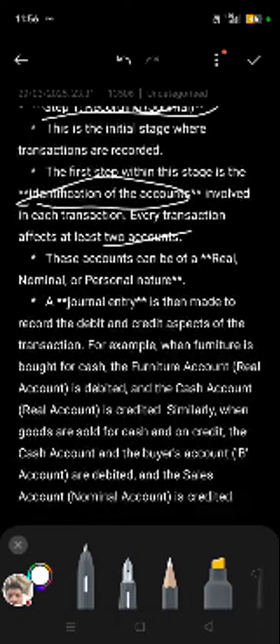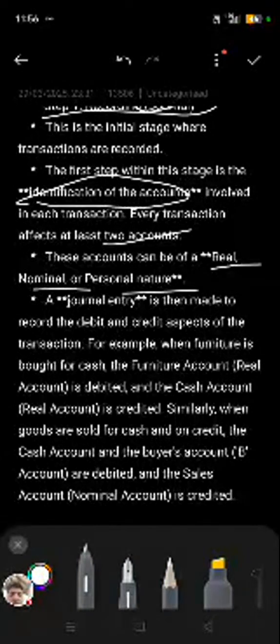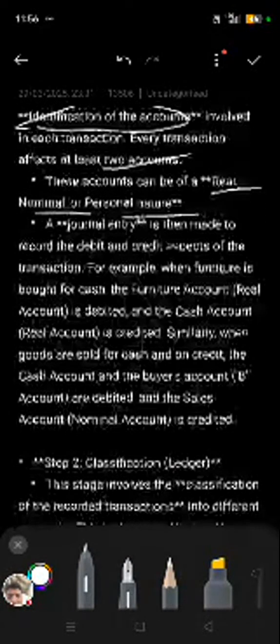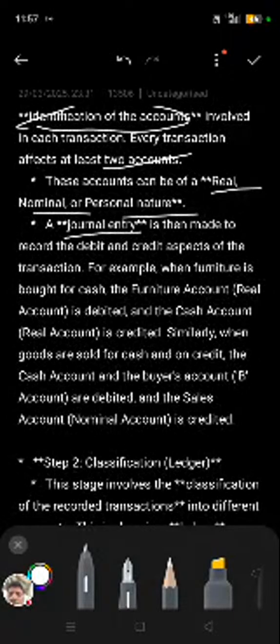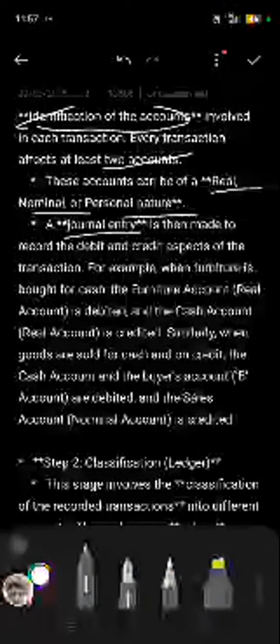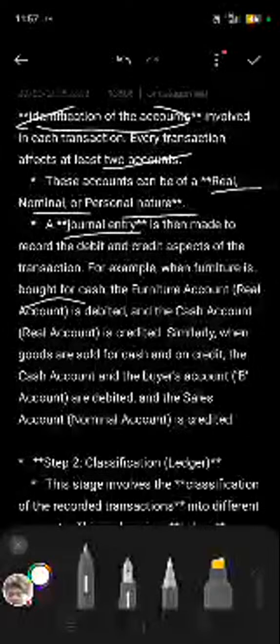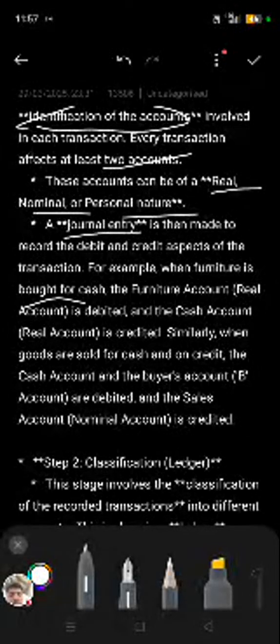These accounts can be real, nominal, or personal in nature. Then the journal entry is made to record the debit and credit aspects of the transaction. For example, when furniture is bought for cash, the furniture account, a real account, is debited, and the cash account, a real account, is credited.